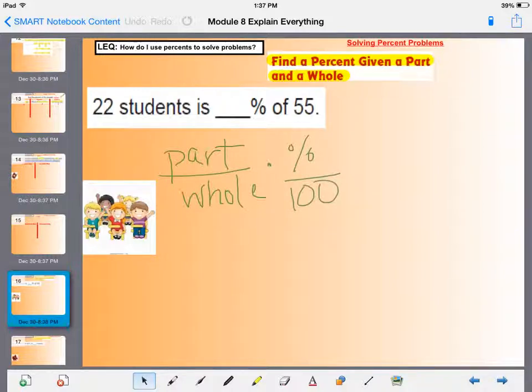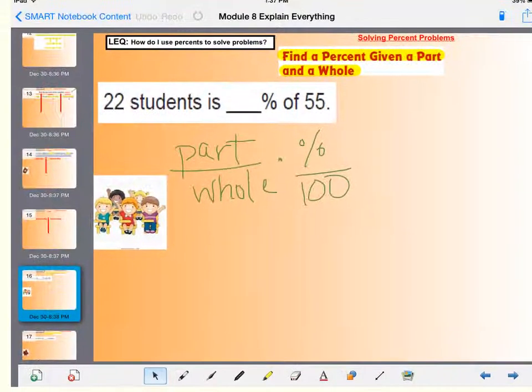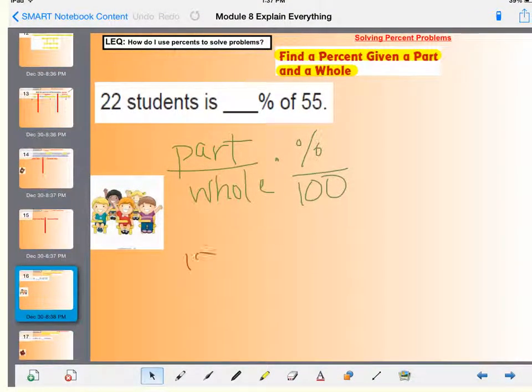I also introduced you guys to a different formula which represents the same, but you guys seem to prefer the is over of times percent over 100. Regardless of whichever one you use, all you need to do is plug in the given information, and that will help us solve the problem.